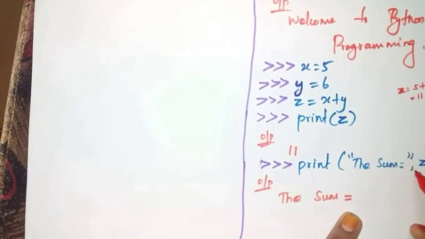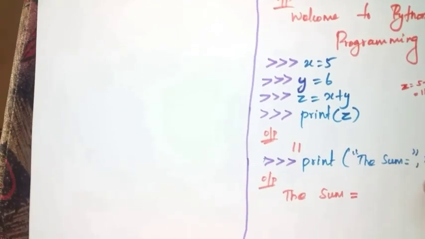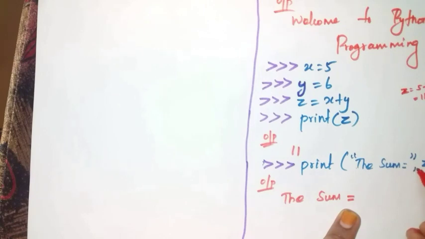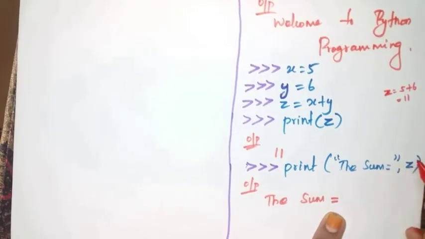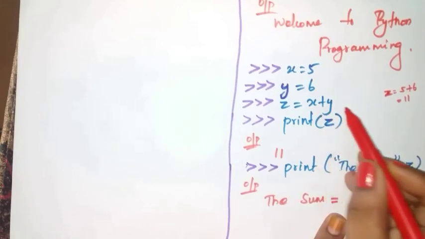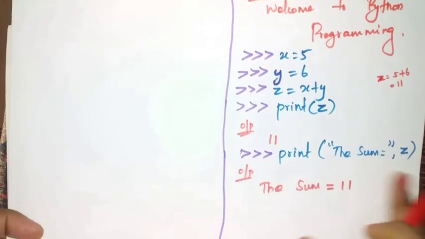Then here comma is given. It is used to separate two variables or separate two strings. Okay, so this comma is called a separator. Then z. Here double quotes is not given, so you have to print the value of this z. What is the value of z? 11. So this is the output of this code.